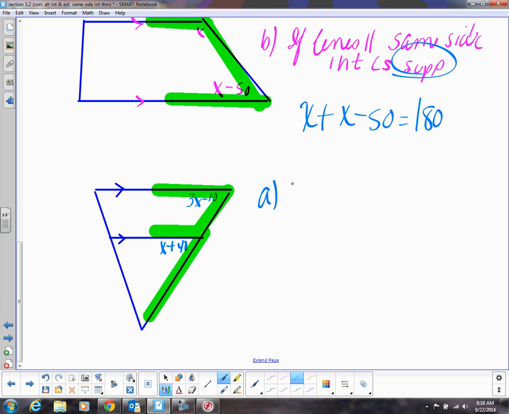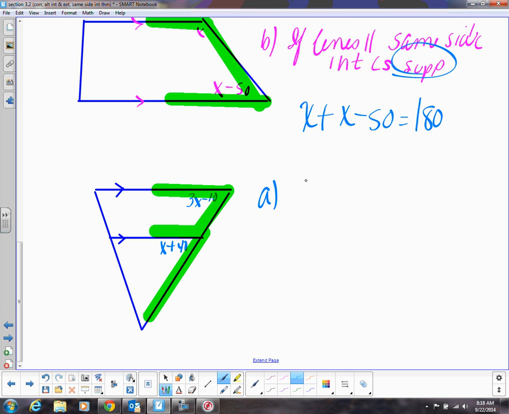Get these foldables out. Does anybody in the first group have a foldable?